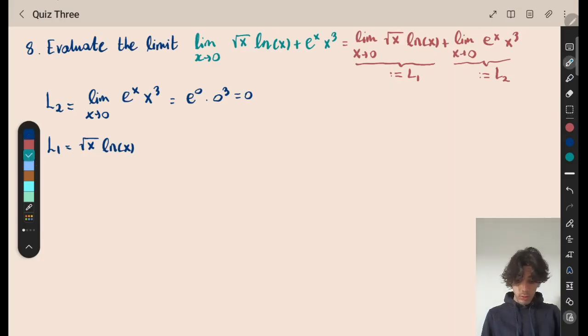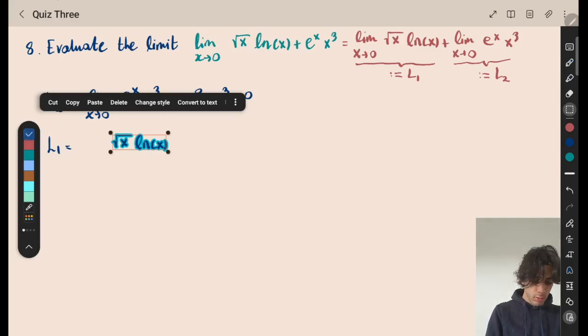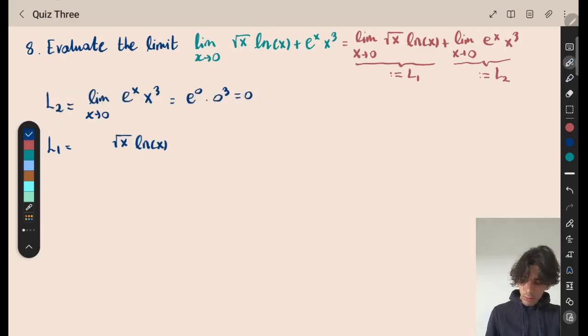And I forgot to write the limit sign, okay. And there is a problem with plugging in, and the problem specifically is at ln of 0.